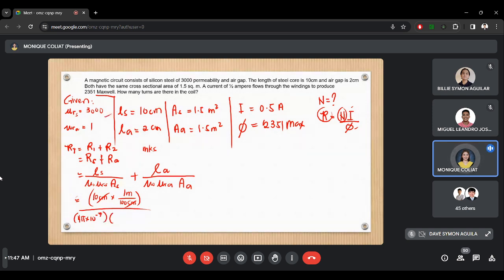Mu R of steel is given as 3,000. Area of steel is 1.5 square meters. We don't have to transform it into MKS because it is already in MKS.